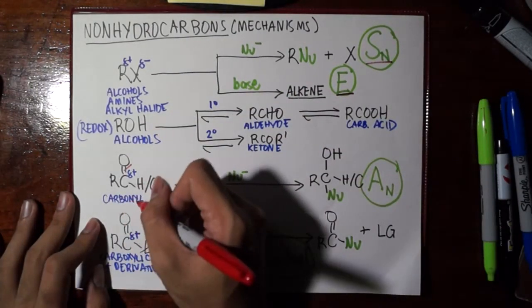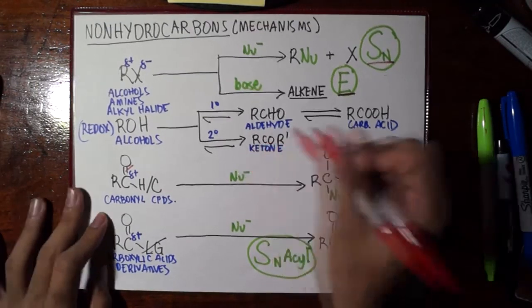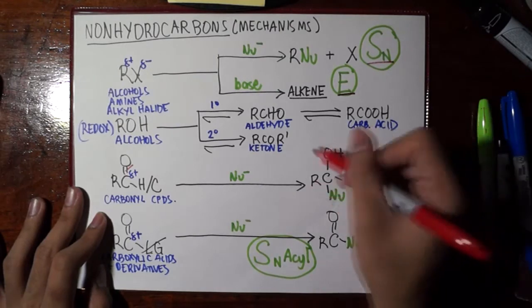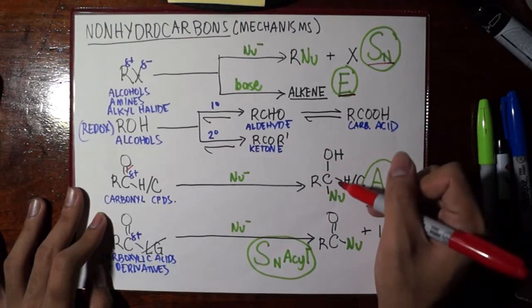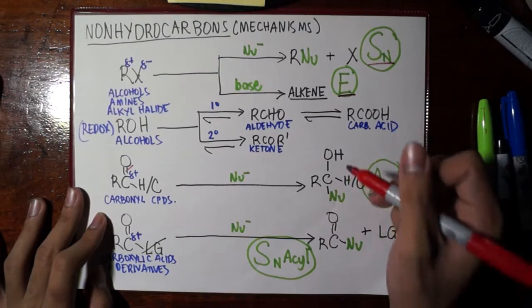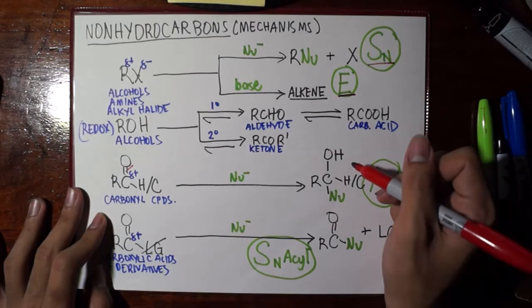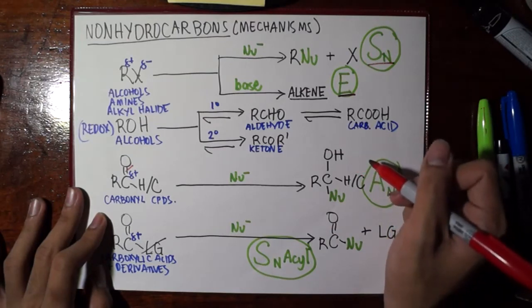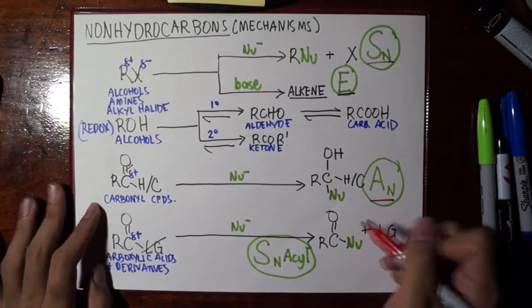Aldehydes and ketones, which are carbonyl compounds, act upon nucleophiles to produce, as we reviewed, a hydrate, a hemiacetal or hemiketal, an acetal or ketal, an imine, or even an alcohol by Grignard reaction. All of that undergoes the mechanism of nucleophilic addition.